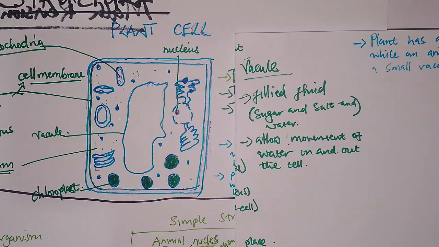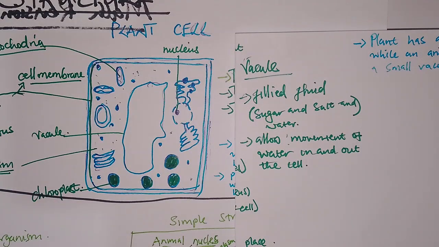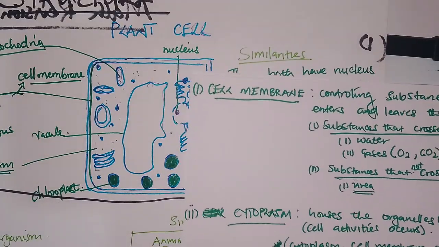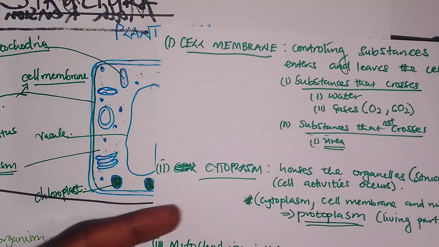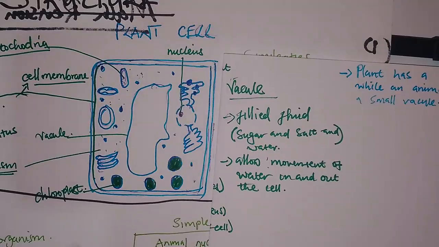So, because the vacuole is filled with sugar and salt, which makes it more concentrated, it allows the movement of water outside the cell. Yeah. So this is the function of the vacuole. So I've discussed the cell membrane, cytoplasm, mitochondria, nucleus, chloroplast, and you have also looked at the vacuole.